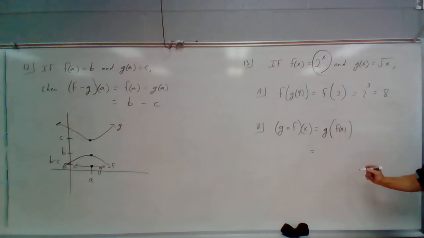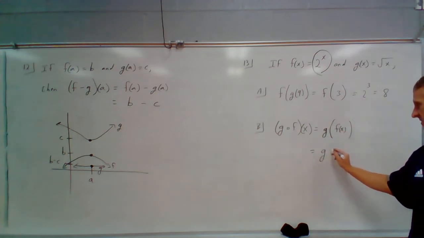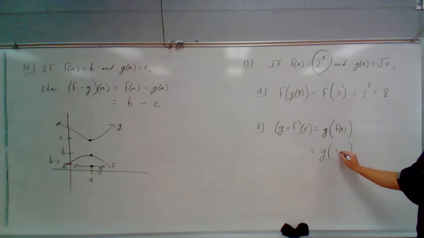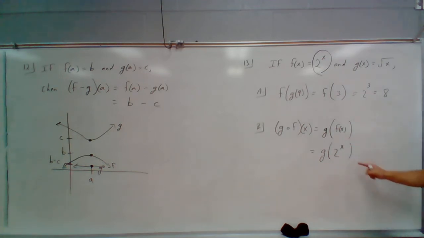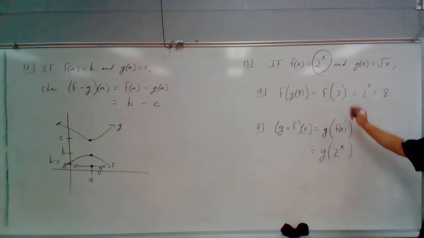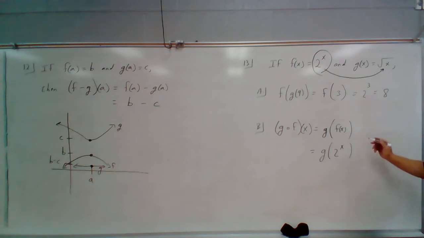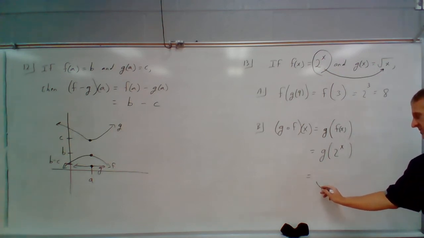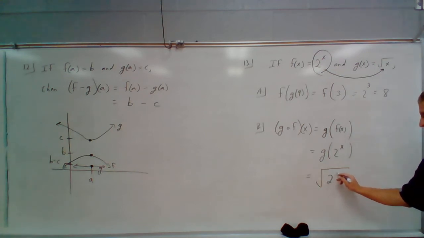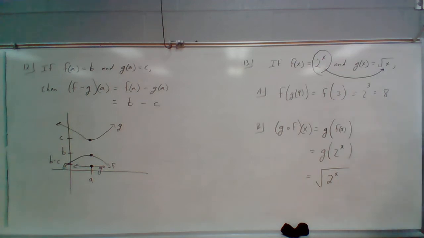G of that. So that would be G of 2 to the x. So I'm going to plug 2 to the x into the G function. So if I do that, I'll get the square root of 2 to the x.